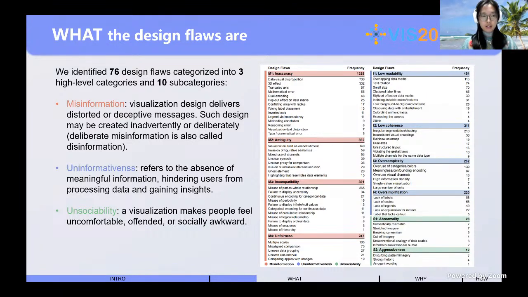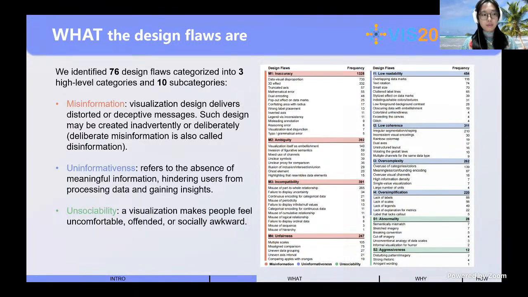They are the red, misinformation, visualizations that convey distorted or deceptive information. The blue, uninformativeness, charts that lack meaningful data, making interpretation difficult. And the green, unsociability, visuals that create discomfort or social awkwardness.